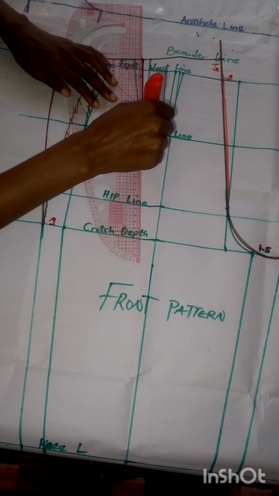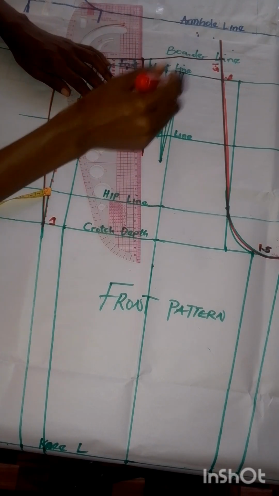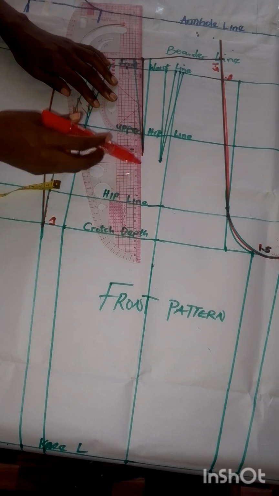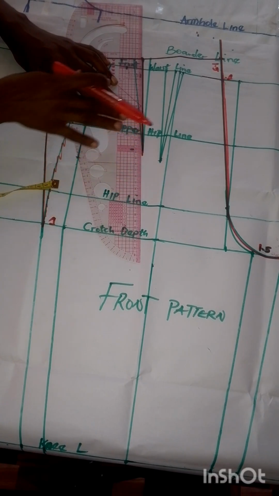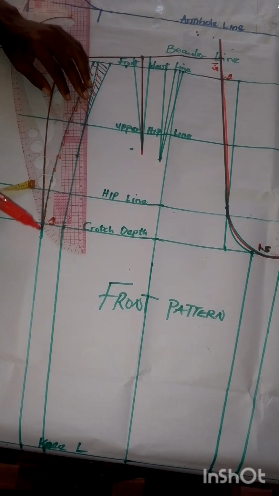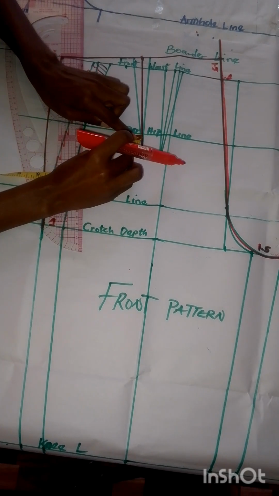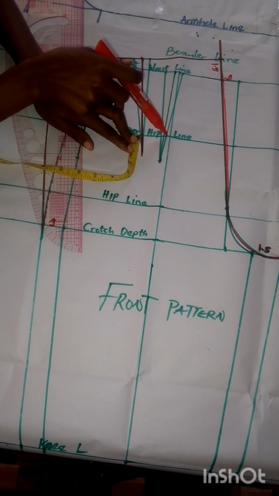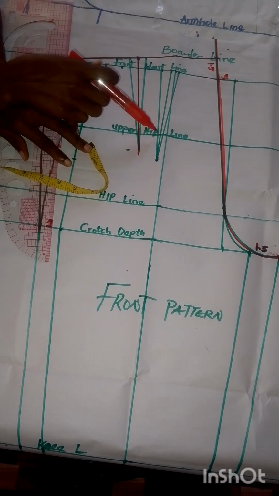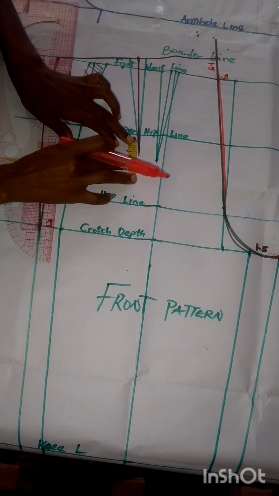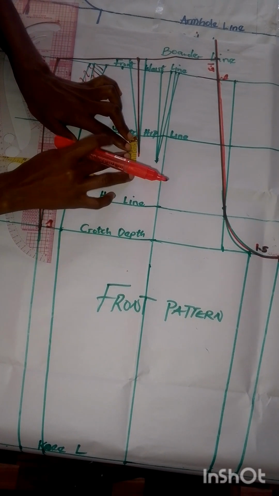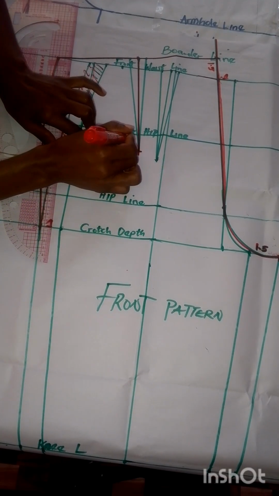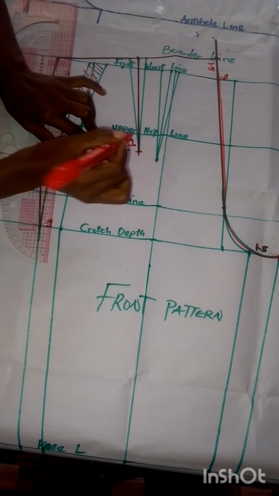Okay, I allow the line to extend like about 1.5 downward from the upper hip line. But remember, the front dart, we came down from the upper hip line by 1.5. But for the back dart, we are going to be coming down by 1 inch.